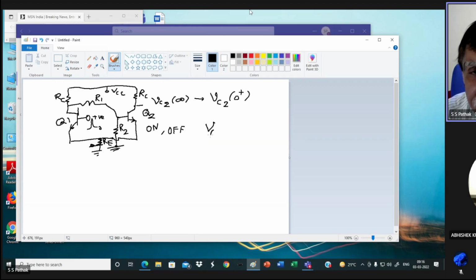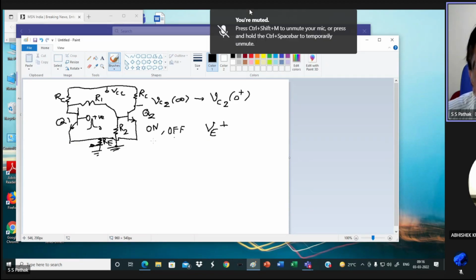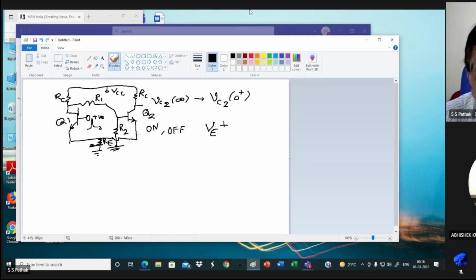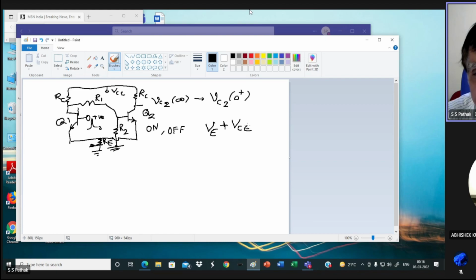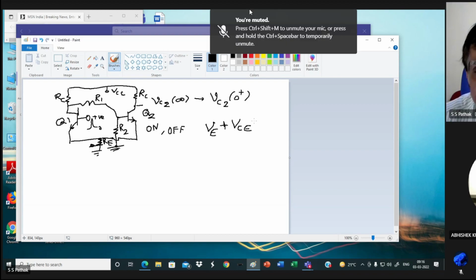VE, meaning VRE, the voltage across RE, plus VCE. If it is off state, it will become open circuit. That way I can say VE plus VCE.